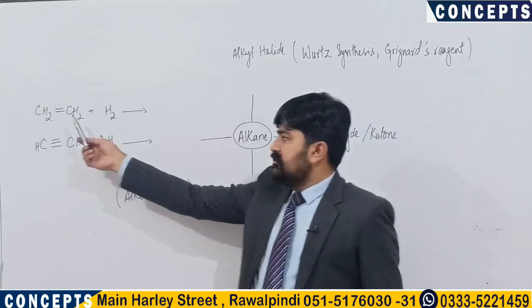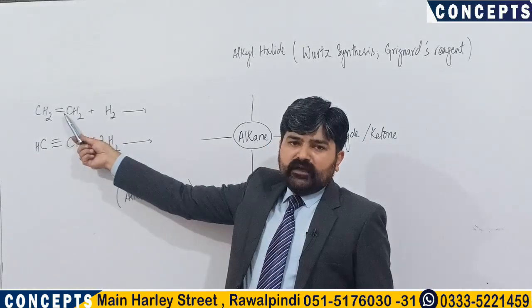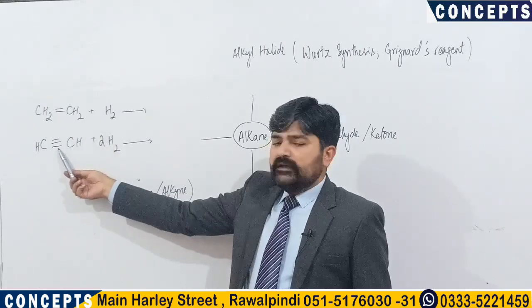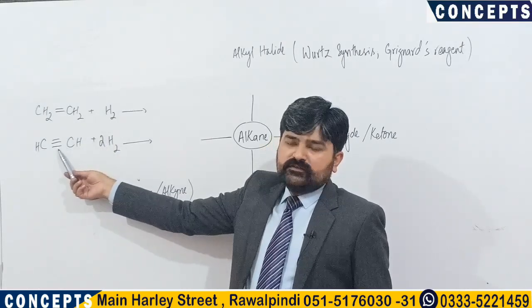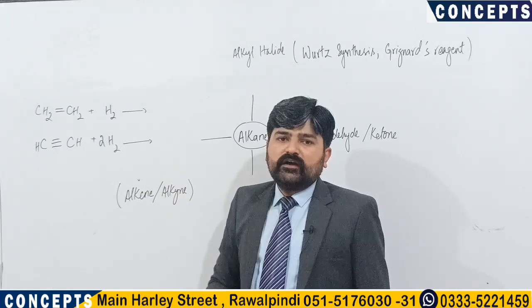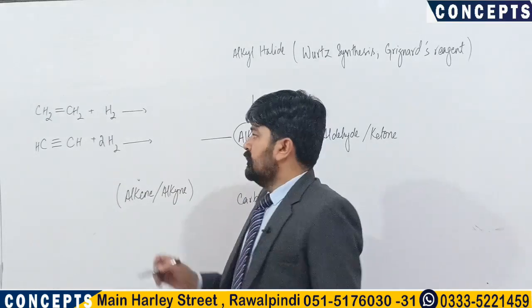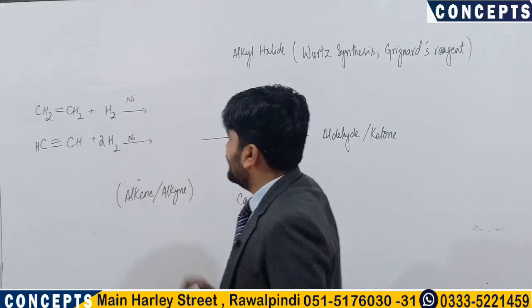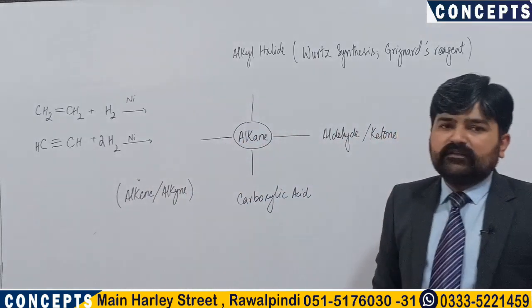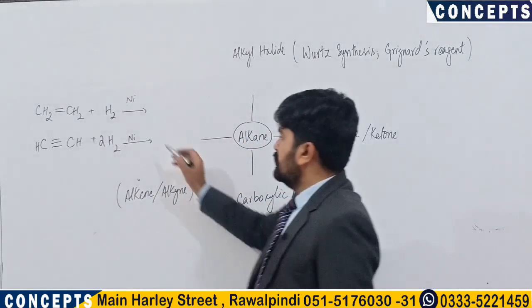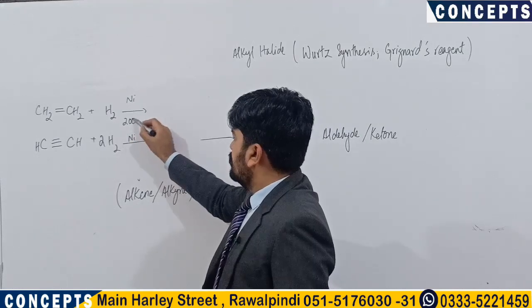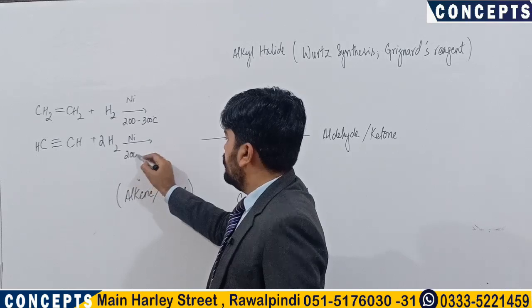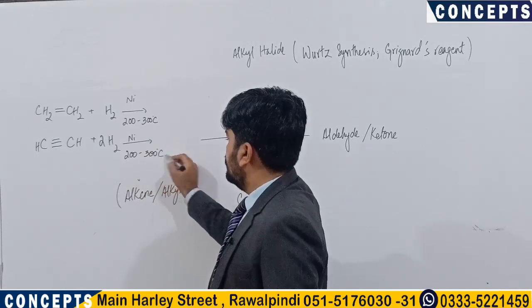In case of ethene, there is only one pi bond, so we require one hydrogen molecule, and in ethyne there are 2 pi bonds, so we require 2 moles of hydrogen molecule. The reaction also requires a metal catalyst. We can use nickel, and the condition requires a temperature of 200 to 300 degrees centigrade.